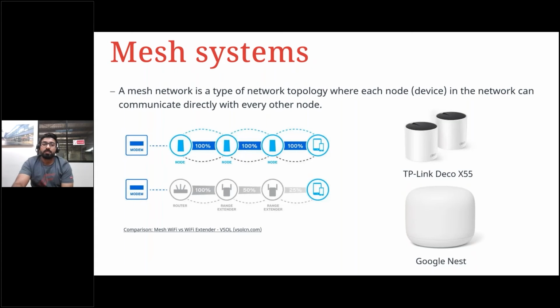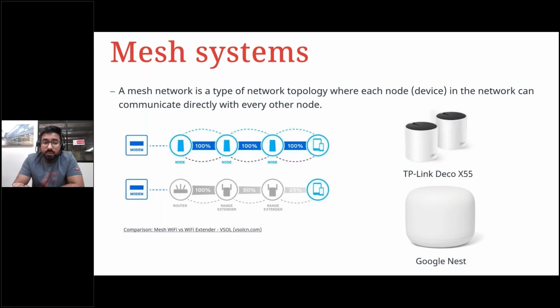All right, so mesh systems, it's a relatively new technology, and it's a slightly different topology to what the extender works on. In mesh networks, you can see there are multiple nodes that make up a system, compared to the range extender, which is just extending the Wi-Fi or boosting or repeating the signals.